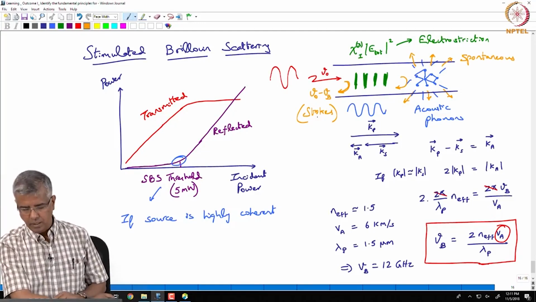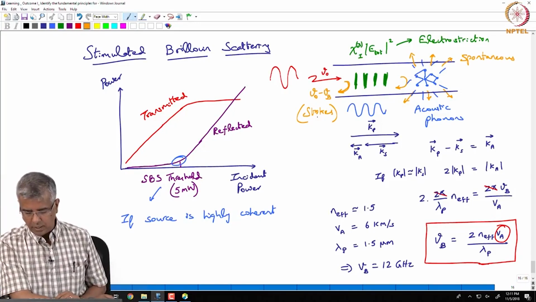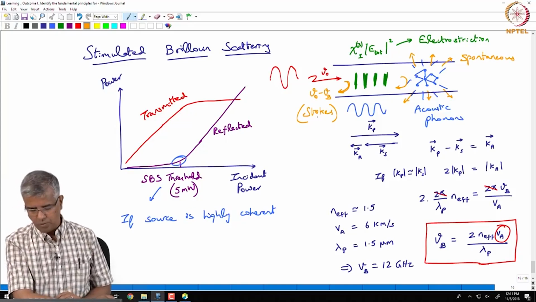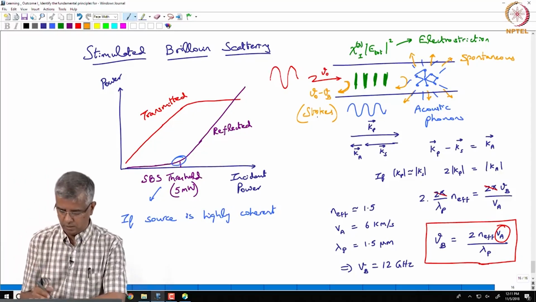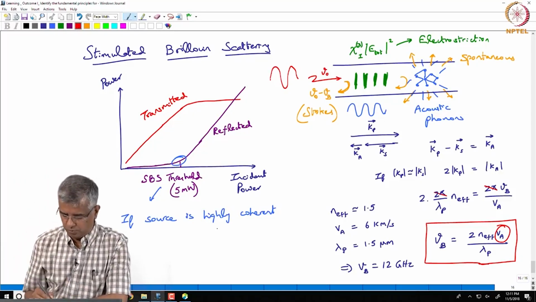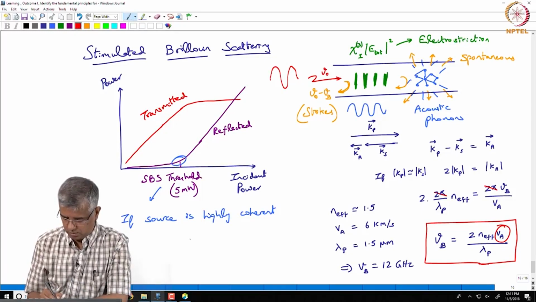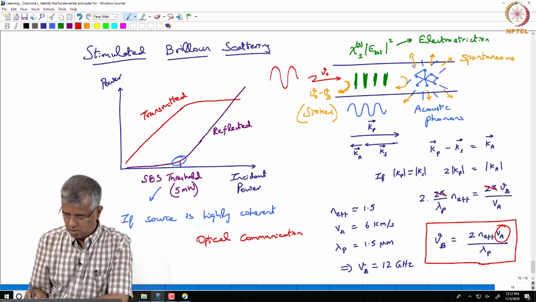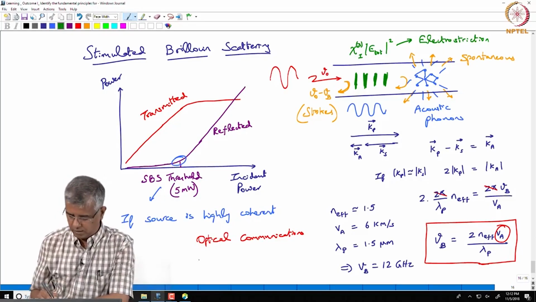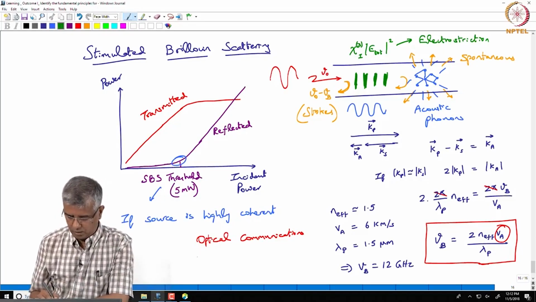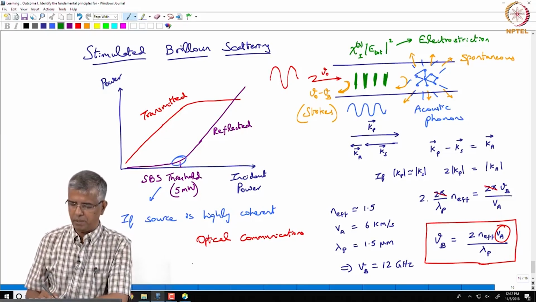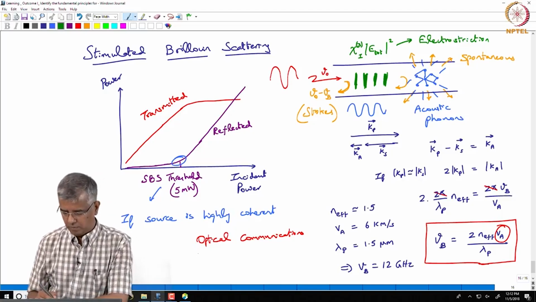Okay. So we looked at this being a problem for optical communications, but we said it is actually a very nice way of picking up strain or temperature of the material.